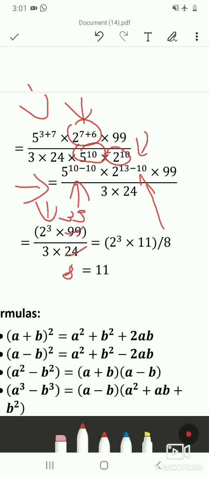So again 3 into 11. So you will get this step, that is 2 cube into 11 whole divided by 8. So we know that 8 is nothing but 2 cube. So this and this term gets cancelled. So you are remaining with 11. So 11 is the answer.